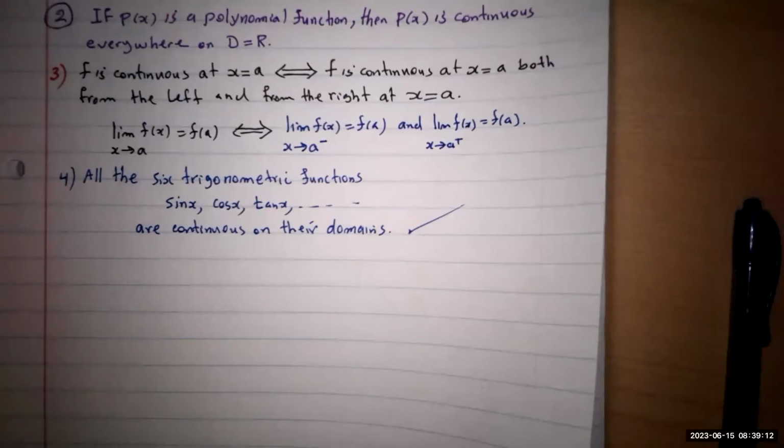Any question? Let me give you an example to get the idea of what I'm talking about. This is the first group. This is how we're going to ask you the question of continuity.